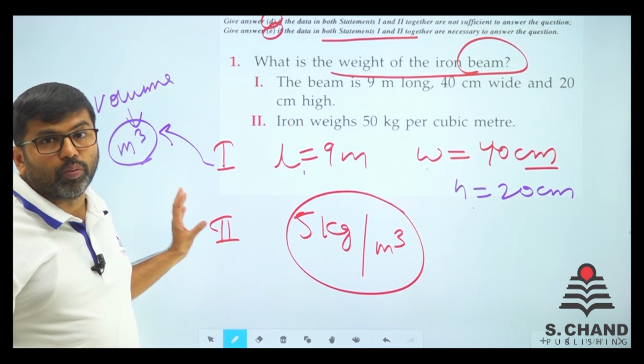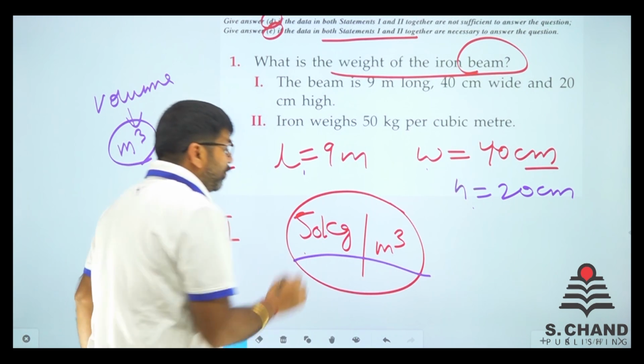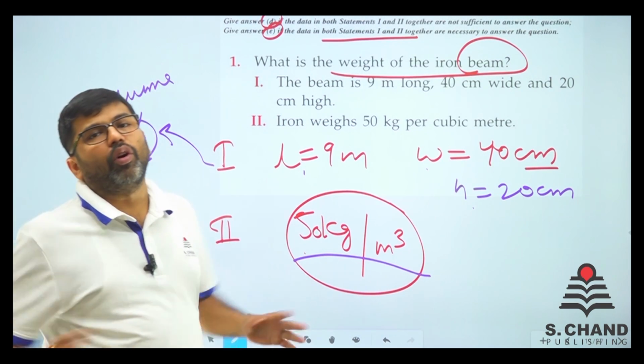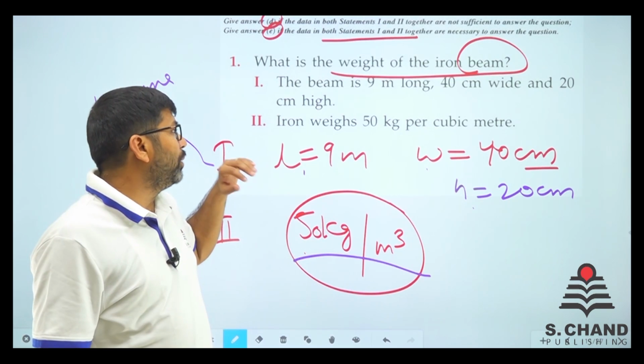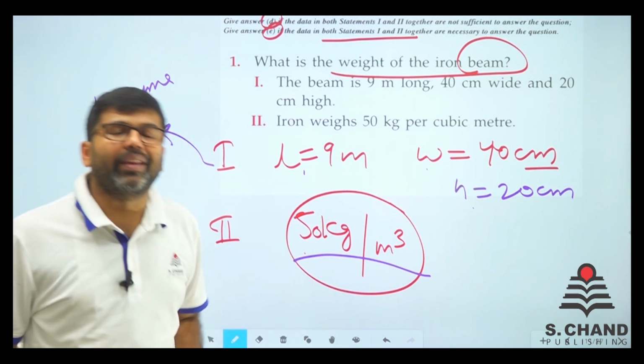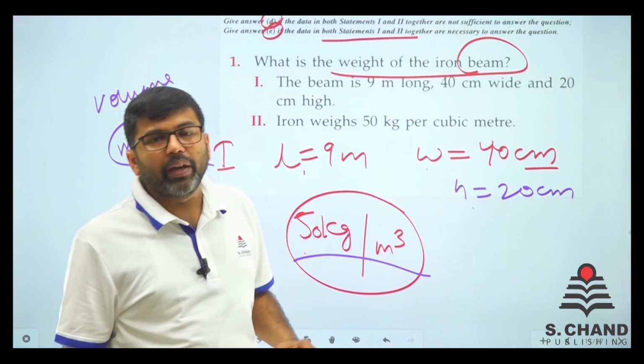And that meter cube of volume, when multiplied with, not 5, that is 50 kilogram, will give you the total weight of the iron beam. So the volume of the iron beam will come from the first, and when we multiply it with this weight per meter cube, we will get the actual weight, right?